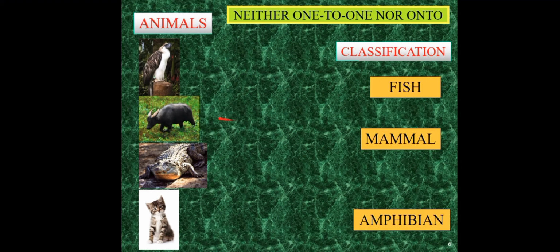So, carabao is a kind of mammal, crocodile is an amphibian, and cat is a mammal. This example is neither one-to-one nor onto because one element in the domain has no corresponding element in the codomain, and it is also not onto because one element in the codomain has no image in the domain.